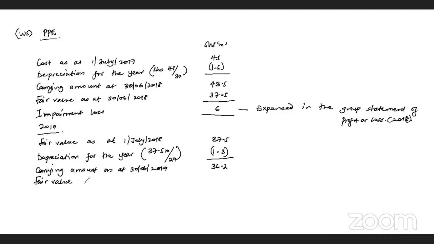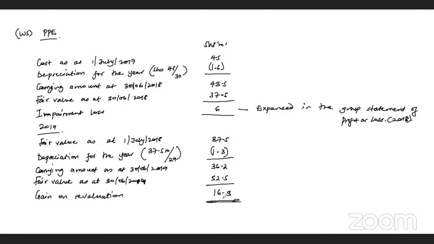Its fair value now increased. It was revalued upwards. The fair value as at 30th June 2019 of the property now increased to 52.5. So now you see here we have a gain on revaluation of 16.3.